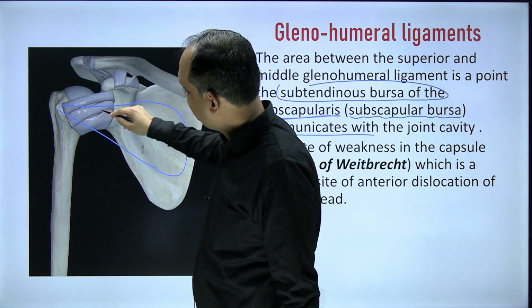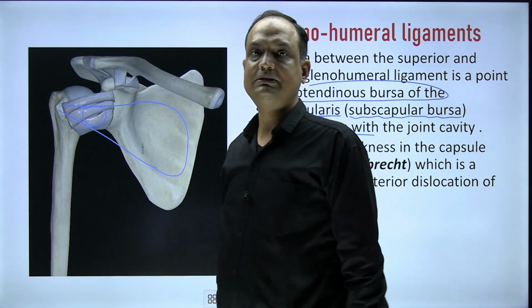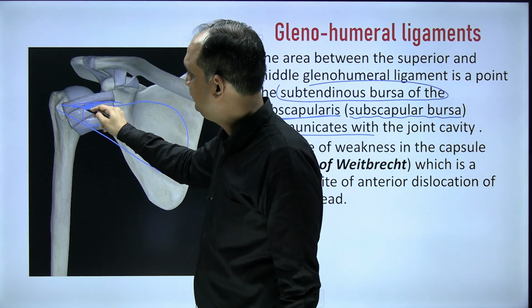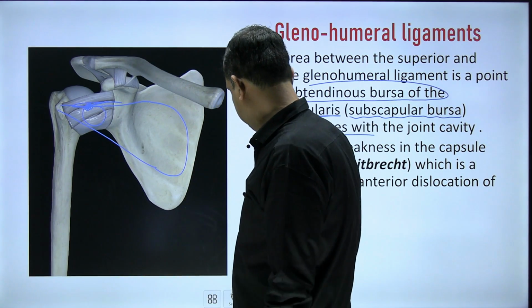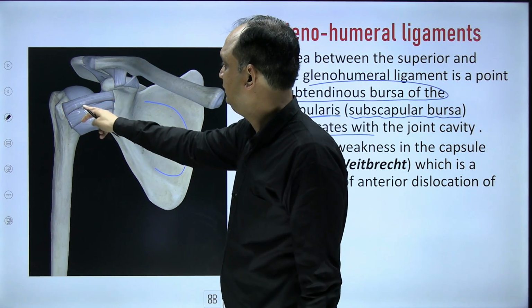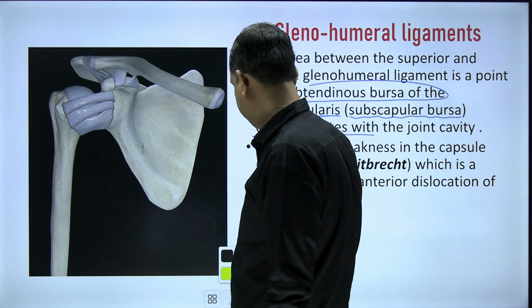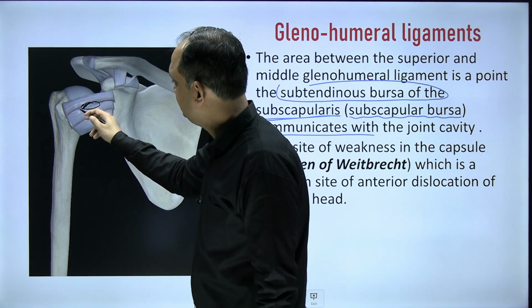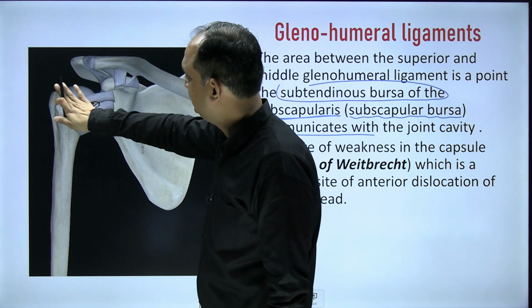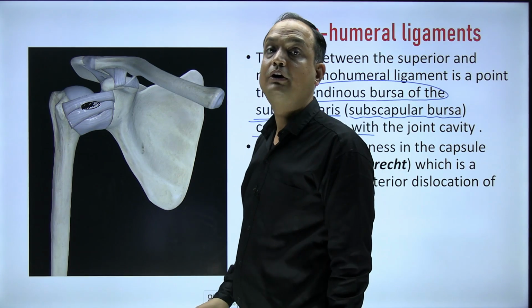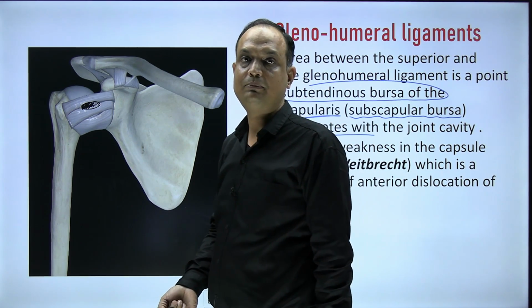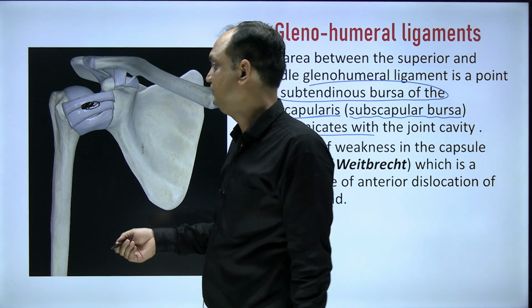Now to avoid friction between the tendon of the subscapularis and this part of the joint, there is a bursa. If you remove this muscle from here, you will find a bursa. This bursa is deep to the tendon of subscapularis to avoid friction. That's why it is known as the subtendinous bursa of subscapularis, or the subscapular bursa.